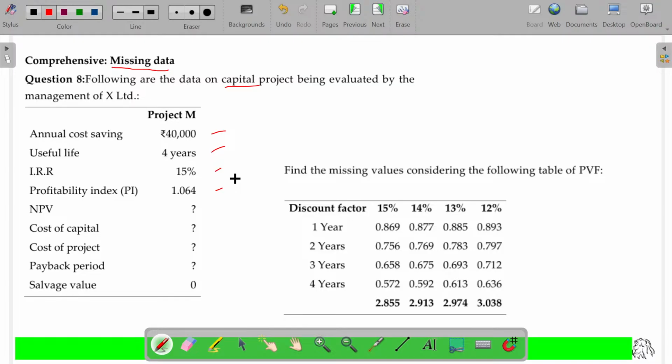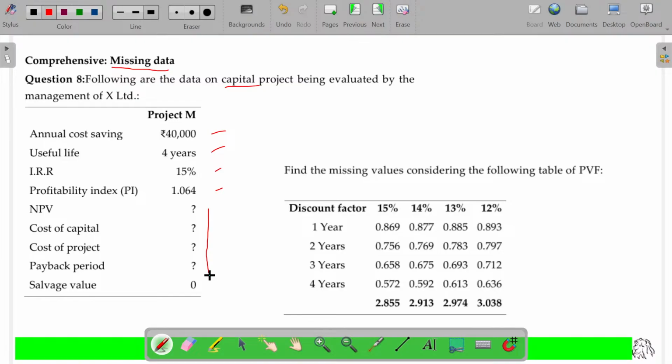These four details were available. Usually from the available information you find out the IRR and PI, but here IRR and PI were given. You are supposed to calculate NPV, cost of the capital, cost of the project and payback period. These are the four items to be calculated, and the salvage value of this project is 0.